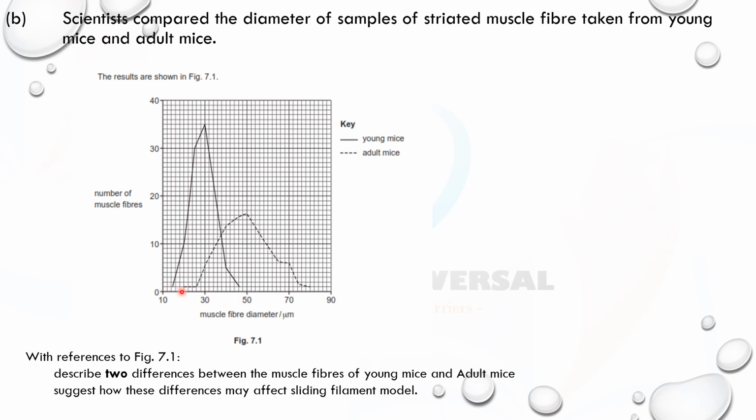That's the range of the diameter of muscle fibers for young mice, from 14 to 46.